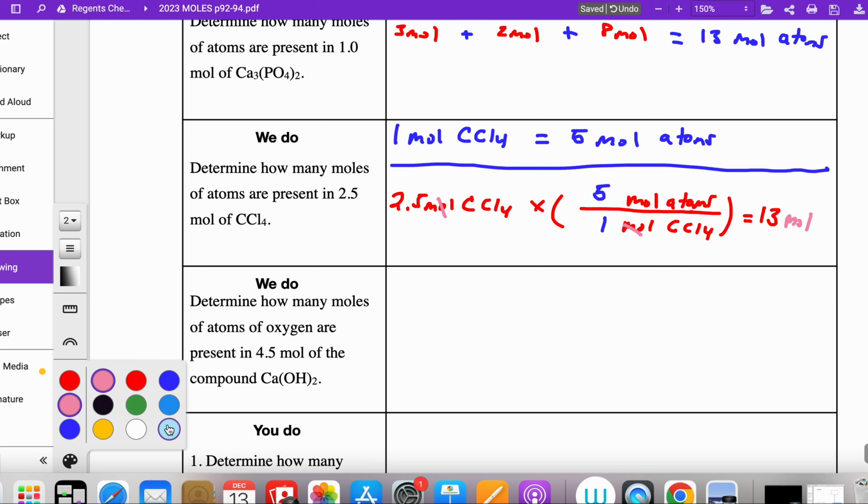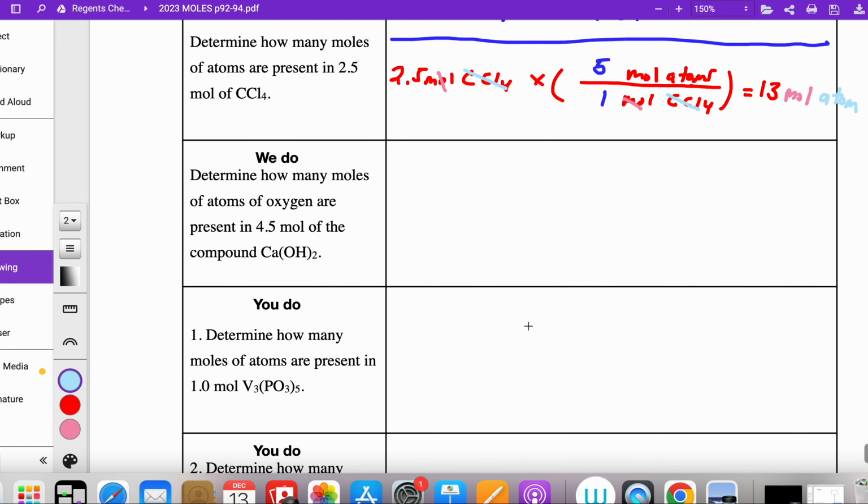What does that quantity and unit belong to? Well, I have CCl4 times atoms divided by CCl4. So I'm allowed to get rid of the CCl4s because one's in the numerator, the other one's in the denominator, and it belongs to the atom. So 13 moles of atoms would be my final answer.